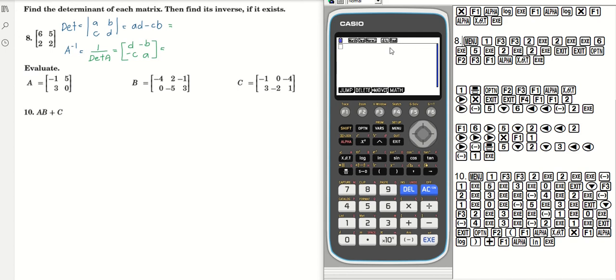So let's identify element A, which is 6, multiplied by D, which is 2, and then minus C, which is 2, multiplied by 5. So 6 multiplied by 2 is 12, minus 2 multiplied by 5 is 10. So our determinant is 2.